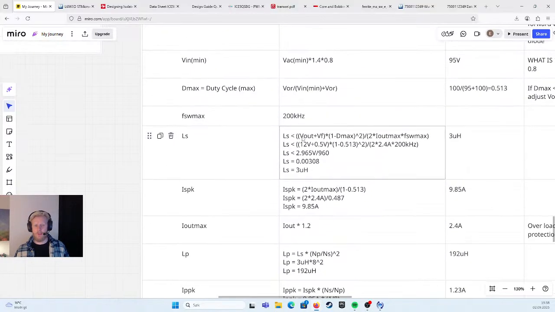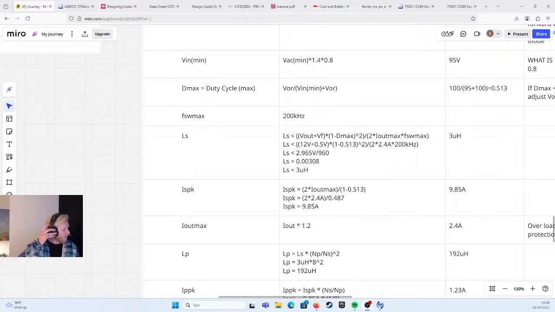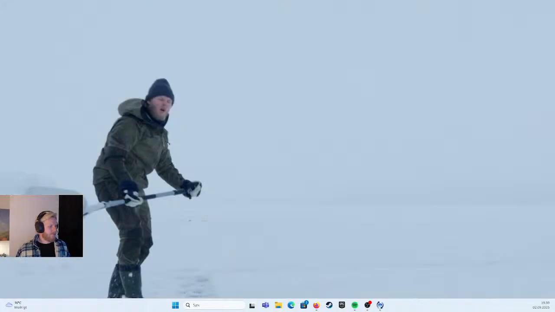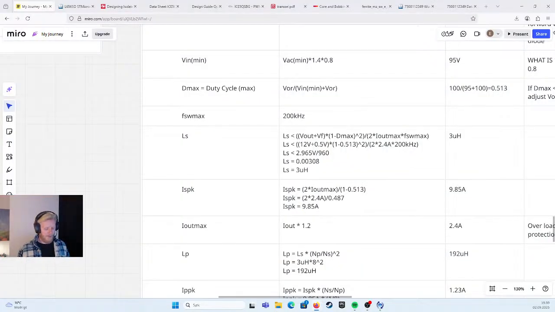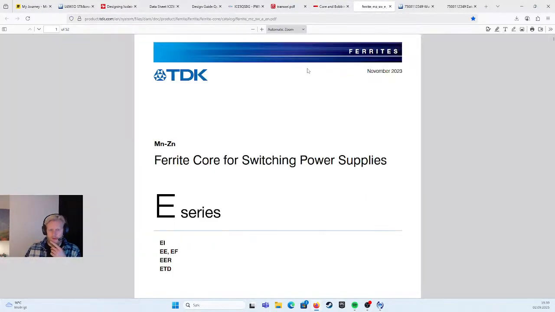LS. Let's see. I did find a nice guide also before.